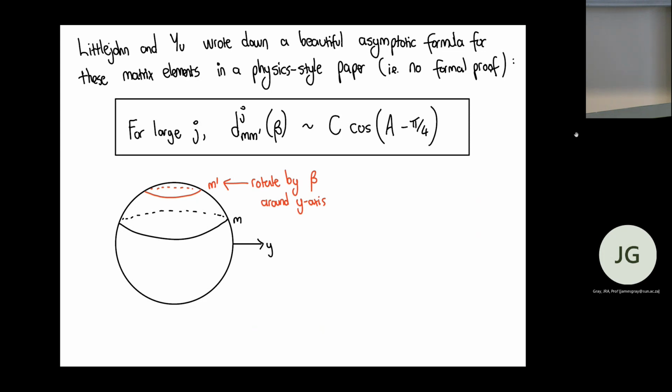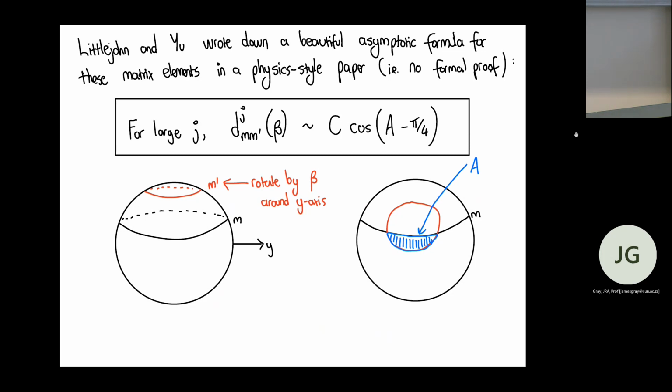Then you rotate the one loop by beta around the y-axis, and you get this situation. Then we can calculate the area enclosed there, that blue area. What their formula said is that essentially the matrix element computes as the cosine of that area. It's a really cool geometric formula.